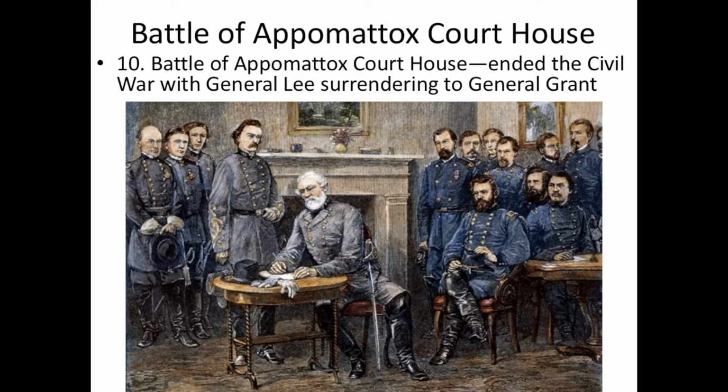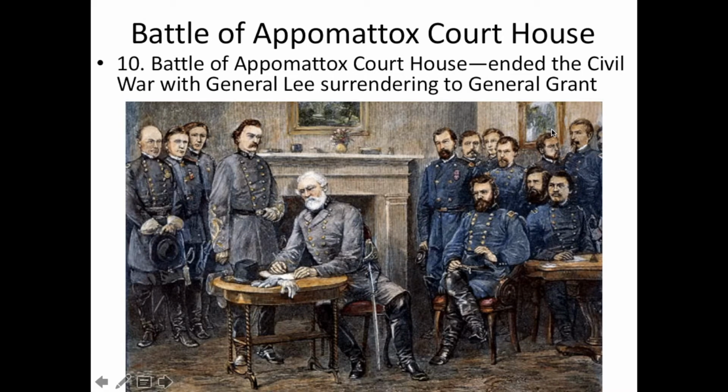Anyway, the last battle we're going to talk about is the Battle of Appomattox Courthouse. This will be the last battle in the Civil War, and it's important because it is the battle that ended the Civil War. Robert E. Lee here on the left surrendered to Ulysses Grant. They're going to fight a little bit in Virginia after Grant captured Vicksburg.